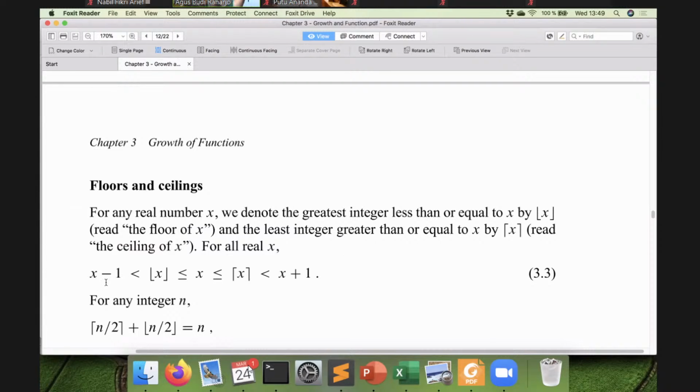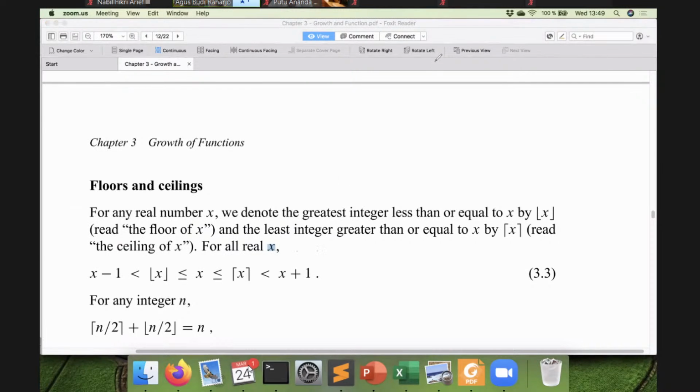So in here, the example: for all real x, x minus 1 is less than or equal to the floor of x. Real x, what does it mean? Something like this.